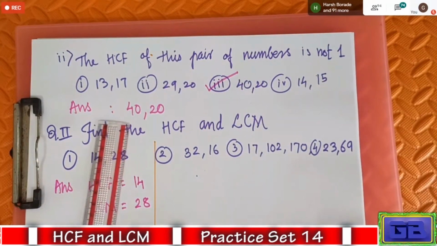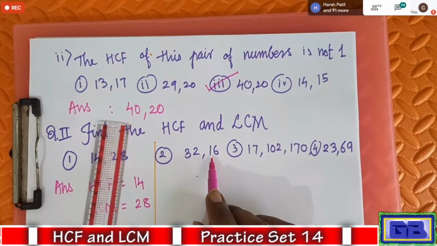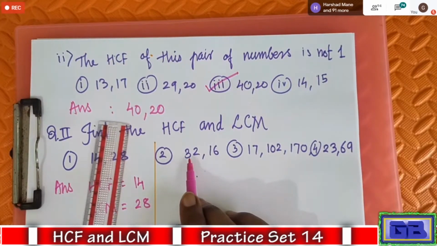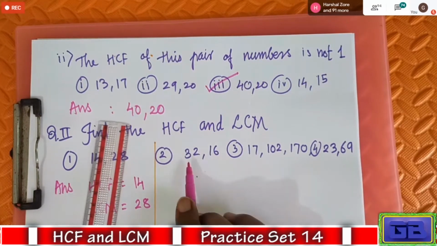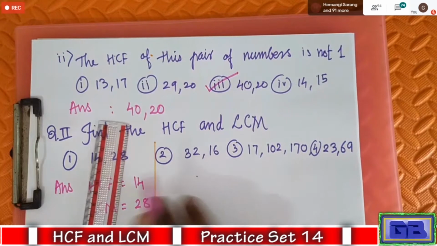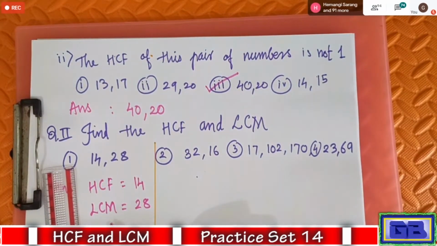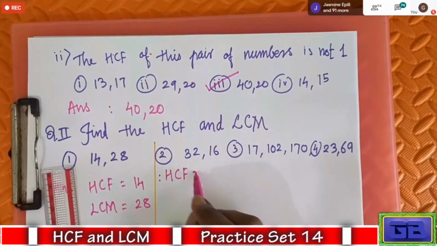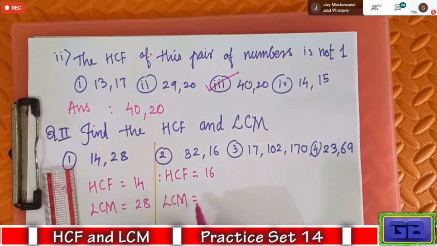Similarly, for 32 and 16, the greatest number is 32 and this 32 is divisible by 16. 16 twos are 32. Therefore, 16 is the HCF and 32 is the LCM. Write down HCF equals 16, LCM equals 32.